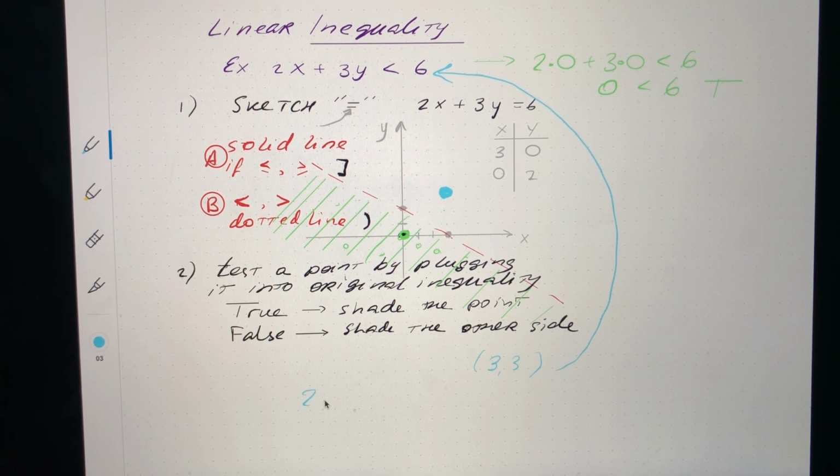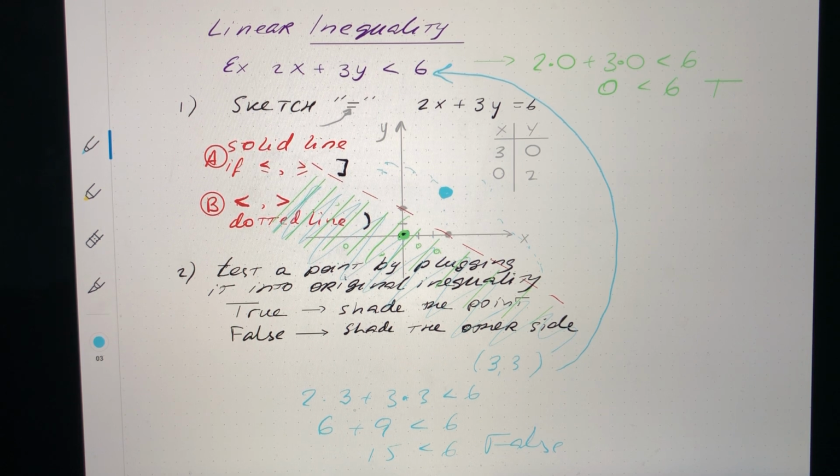We would get 2 times 3 plus 3 times 3 less than 6. Well, that's 6 plus 9 less than 6, or 15 less than 6. Well, that is false, which means none of the points on this side are going to work. So we do not shade this side, we shade the opposite side, which once again leads us to the same solution, which is here. And that is how we solve a linear inequality.